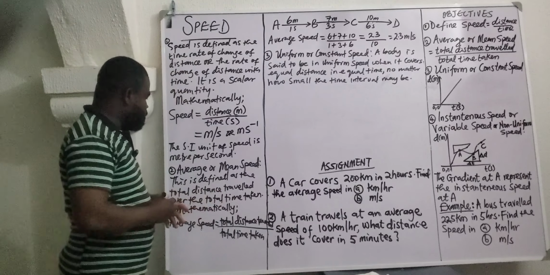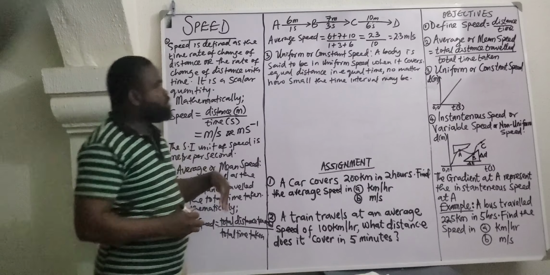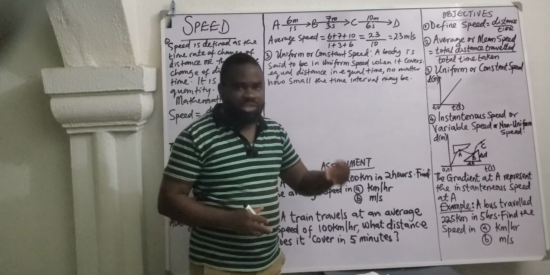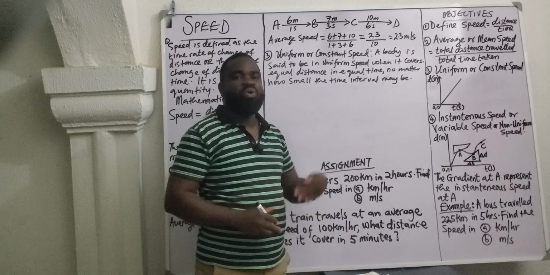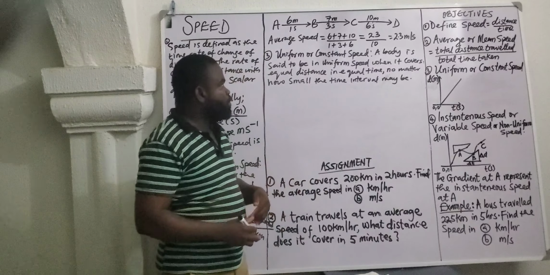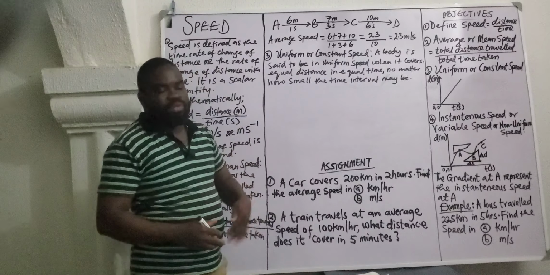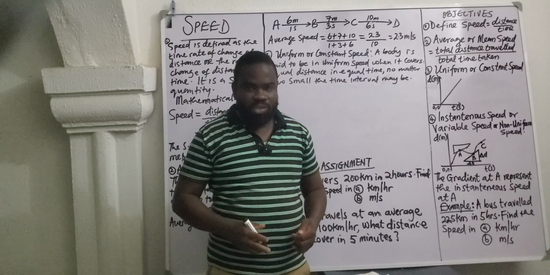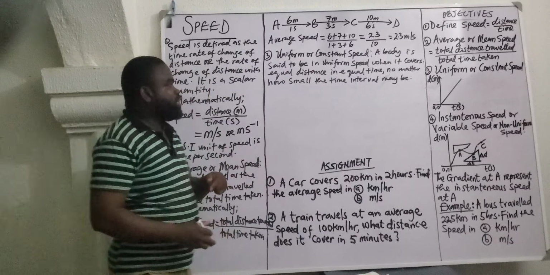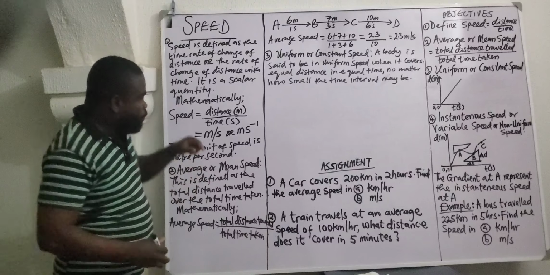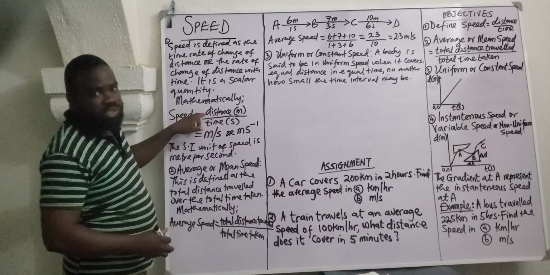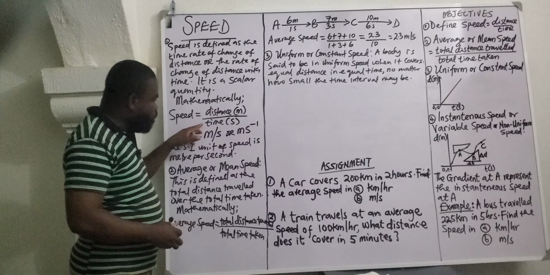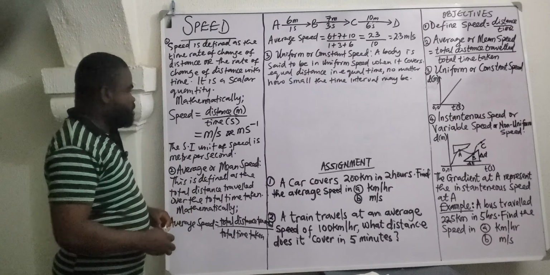Now, whenever a body moves with uniform or constant speed, it means you have equal distance in equal time. In fact, going forward, know that anytime you hear uniform or constant and then a quantity, then you have to be talking about equal of the quantity in the numerator, divided by equal of the quantity in the denominator.